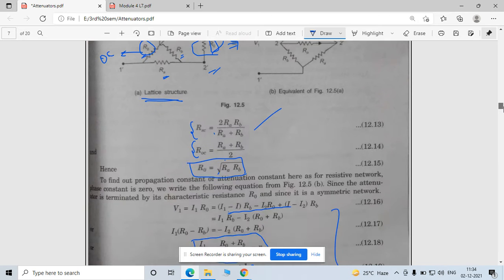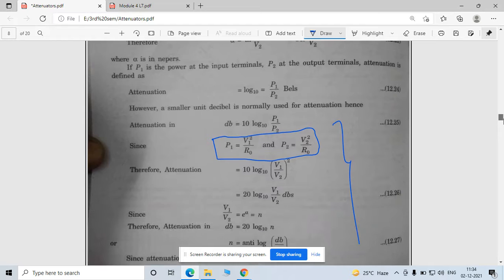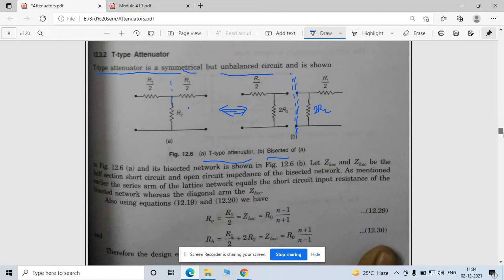Now see, realize that term with this. The T-type attenuator is a symmetrical but unbalanced circuit here, right? So this is RA by 2 and twice R2.